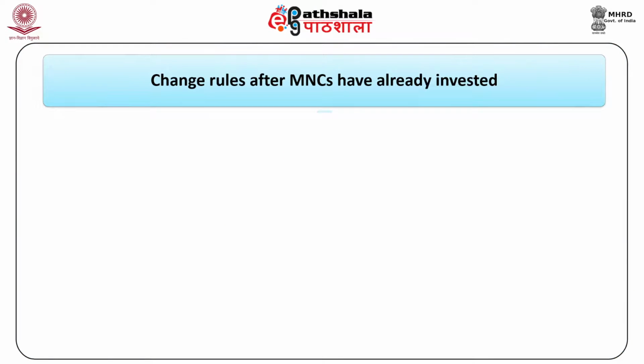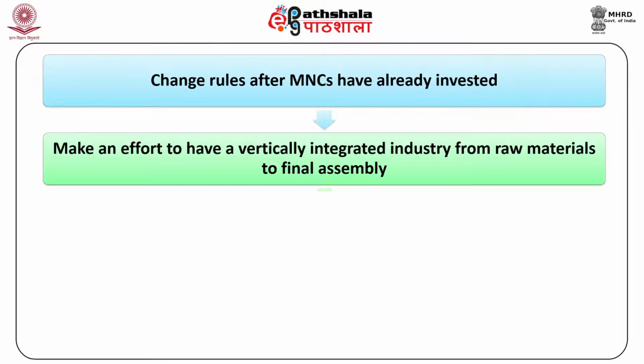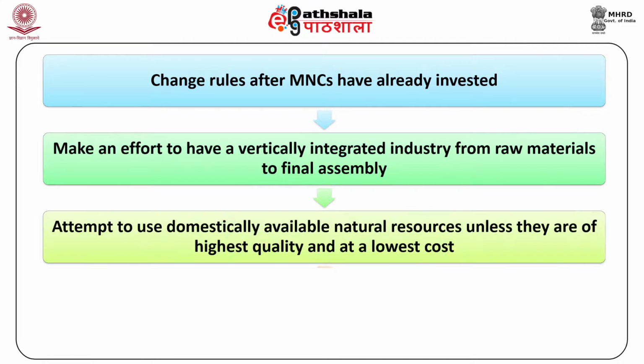While trying to understand FDI dynamics from the viewpoint of foreign investors, host countries should not do the following. First, change the rules after the MNCs have already invested. Second, make an effort to have a vertically integrated industry from the raw materials to the final assembly.